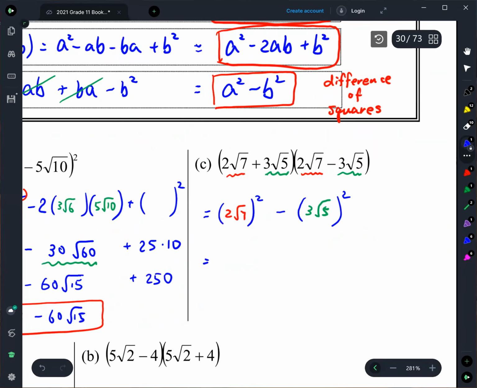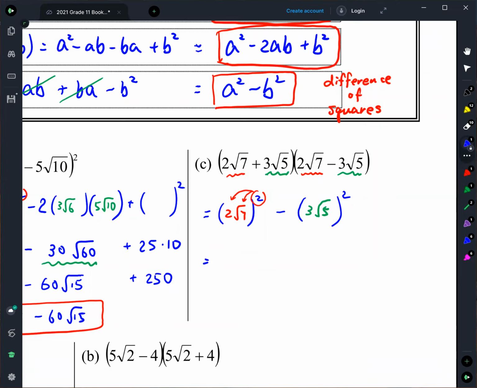Yeah, okay. So we have A is the 2 root 7, right? You want to square that. So you square each of the inside. Oh, okay. So if I squared everything, that would be 4 times 7. What's 4 times 7? 28. Yeah, so you can just directly write down 28, okay?